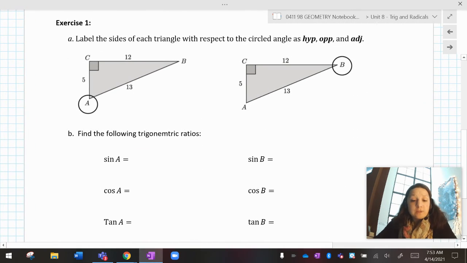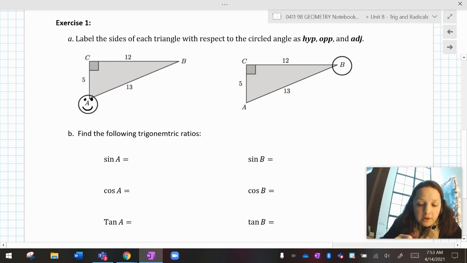All right, so down here, one of the things you need to know is opposite, adjacent, and hypotenuse all have to do with the perspective of an angle. If I look at this circled angle and I think of that as my perspective, what you really want to think of is that you personally are standing here at angle A and looking at the triangle from that perspective.